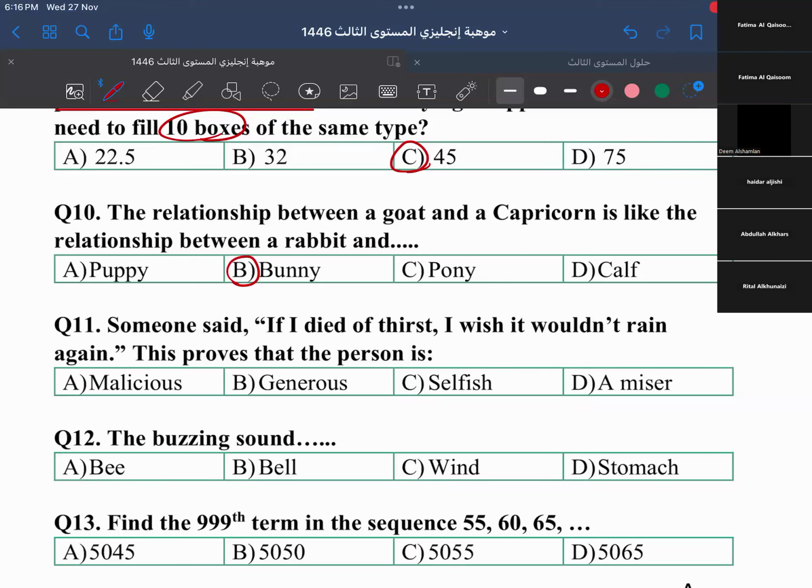So a Capricorn is the name of the goat in the zodiac signs. I believe so. That's what I know. So it's another name for the goat. So bunny is another name for the rabbit. Excellent, ممتاز.